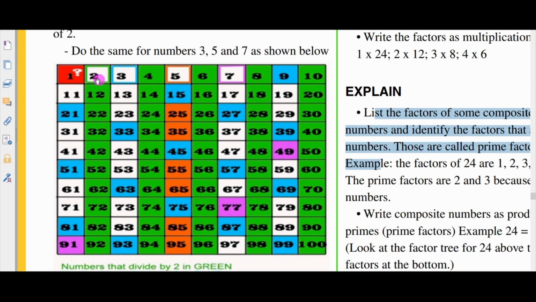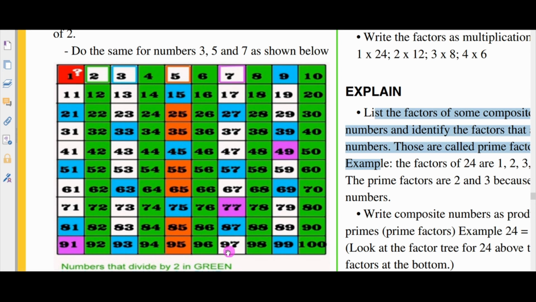So let's go. 2, 3, 5, 7, 11, 13, 17, 19, 23, 29, 31, 37, 41, 43, 47, 53, 59, 61, 67, 71, 73, 79, 83, 89, and 97.